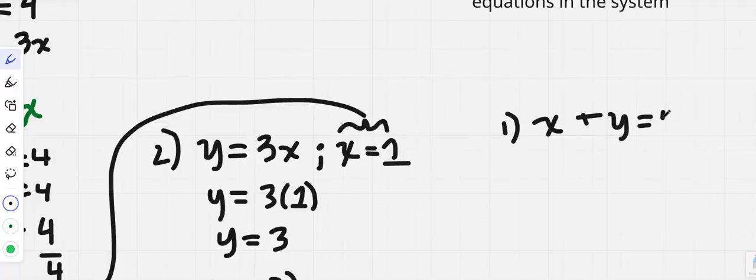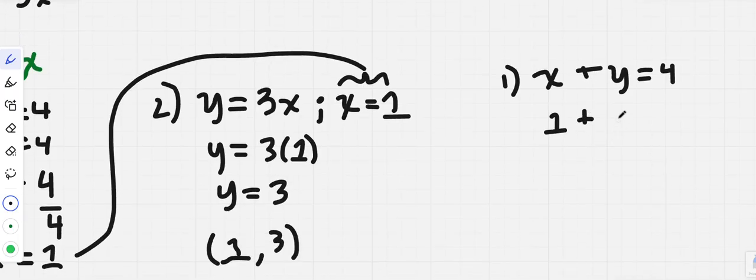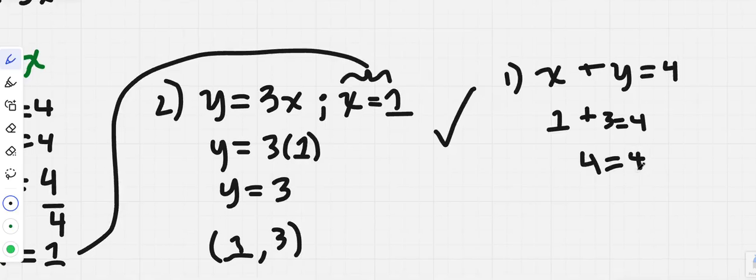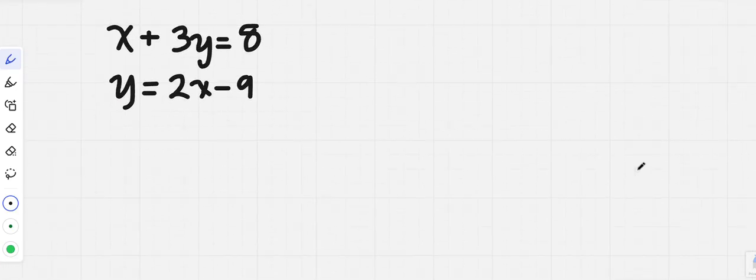We know that x is 1, so we put 1 plus, instead of y, what y is. y is 3, equals 4. And we do know that 1 plus 3 is 4, so this is correct. That's true: 1 plus 3 is 4, equals 4. Further evidence.